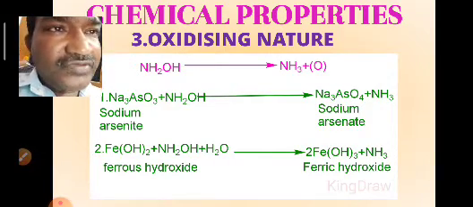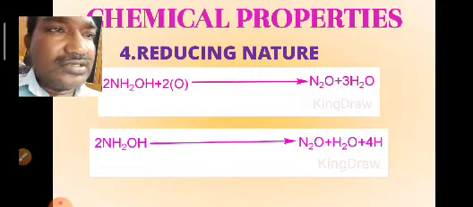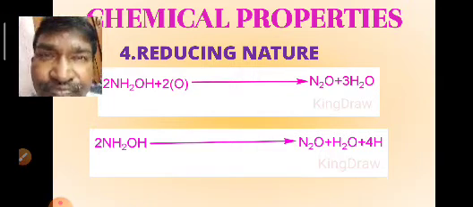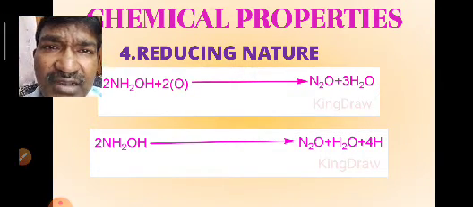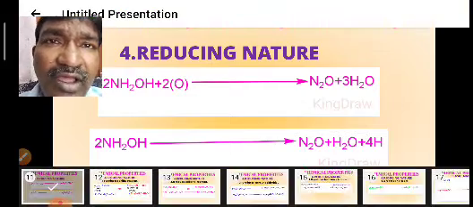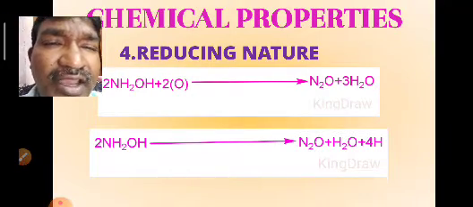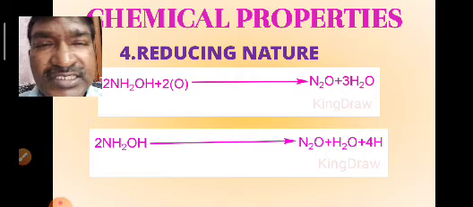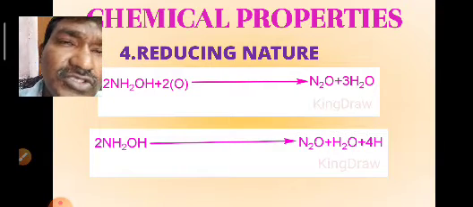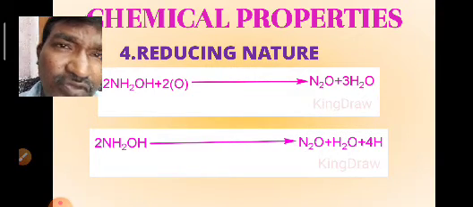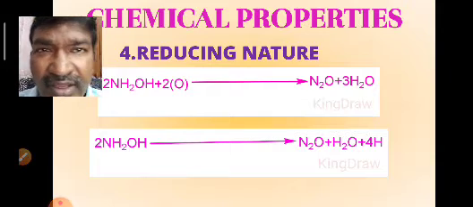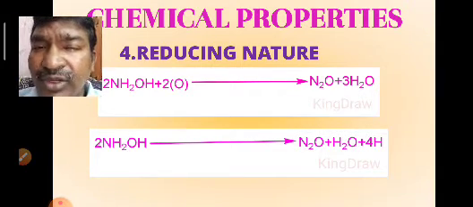Okay? Next we go for the reducing nature of the hydroxylamine. As we have already learned, all the substances that contain hydrogen atoms will act as the reducing agent. So the reducing nature of the hydroxylamine can be explained by writing two types of reactions.